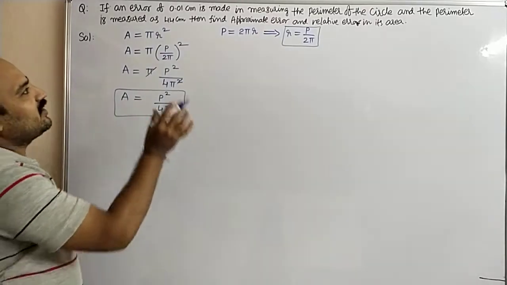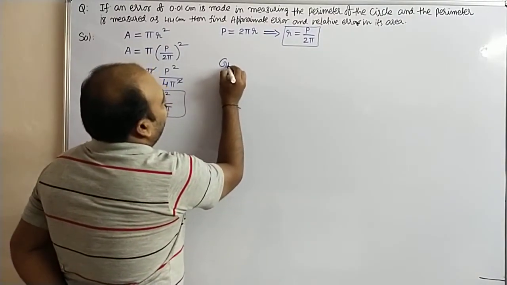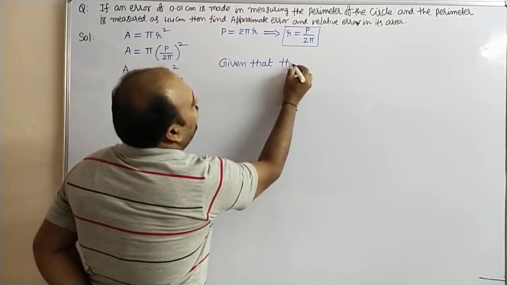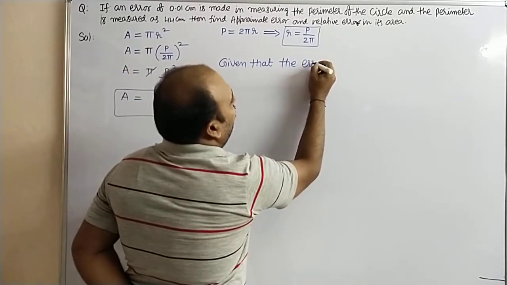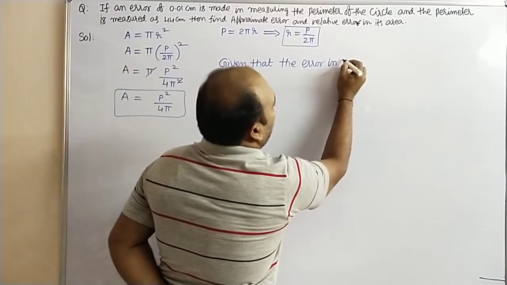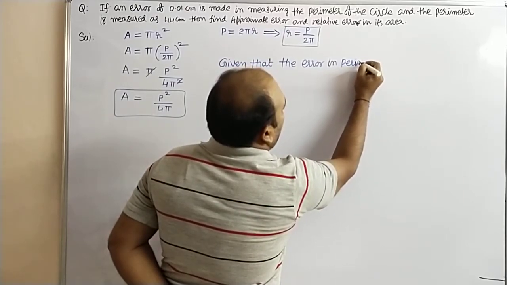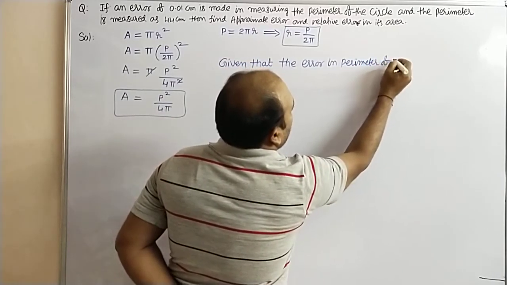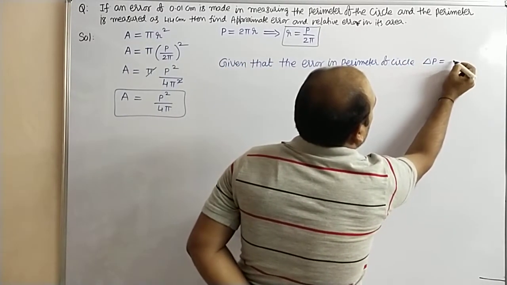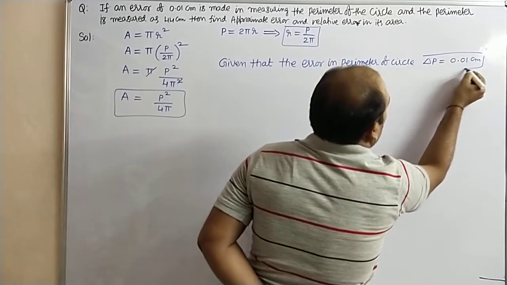Now, whatever the given information, you have to write it. Given that, the error in perimeter of the circle: delta P is equal to 0.01 centimeter.